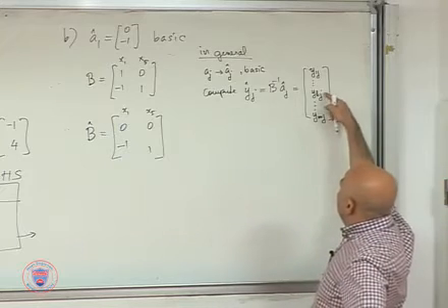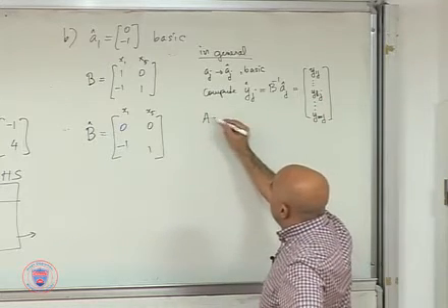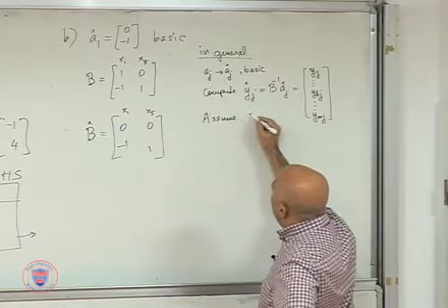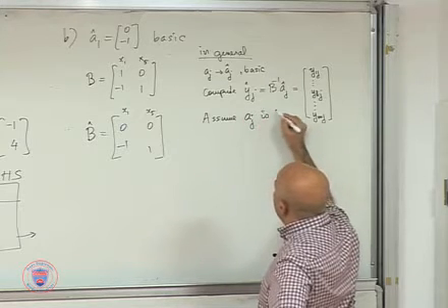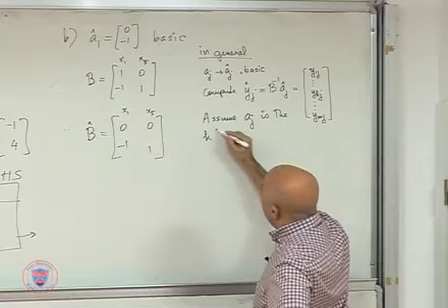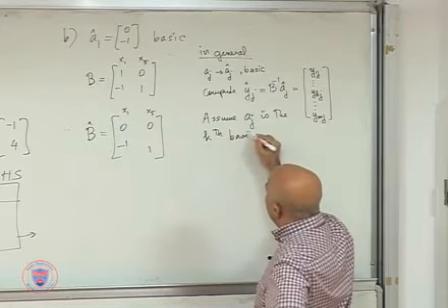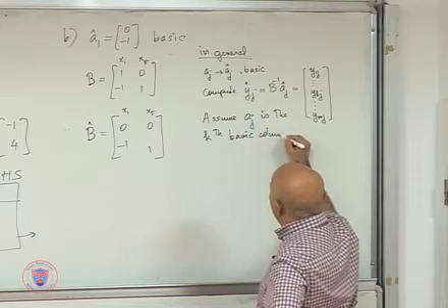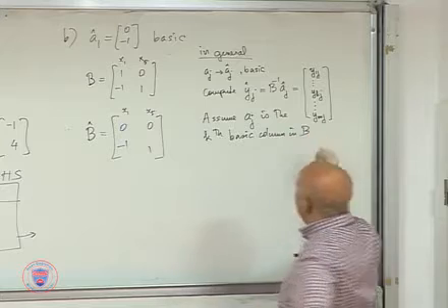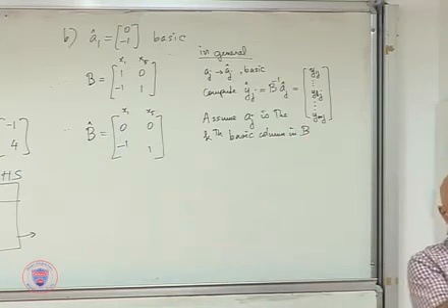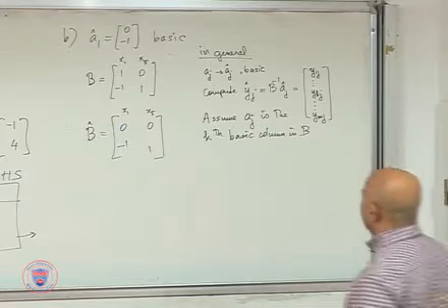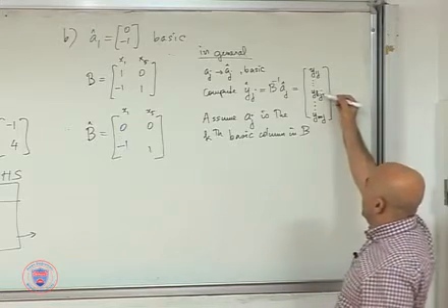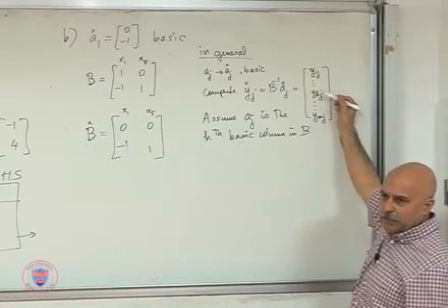And assume Aj is the kth basic column in B. So you've got Aj, but it's in the kth position in the B matrix. That's why I isolated Ykj here.